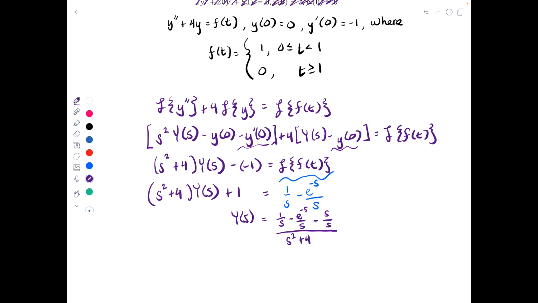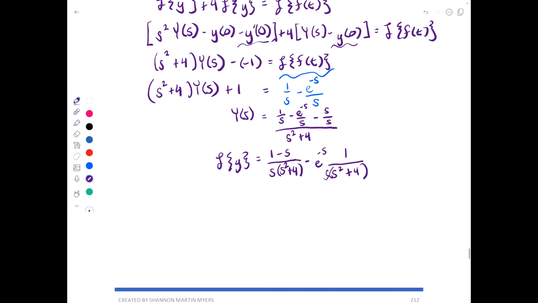And so now L of y is equal to, I'm going to put 1 minus s together. That's going to be over s times s squared plus 4. And then minus e to the negative s times 1 over s times s squared plus 4.